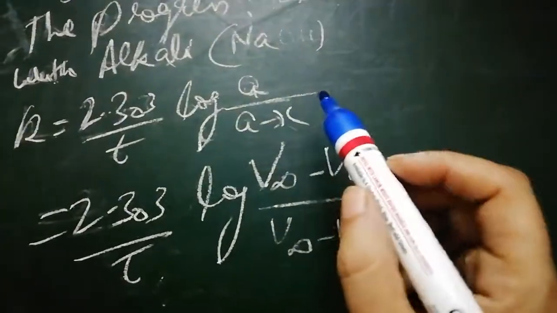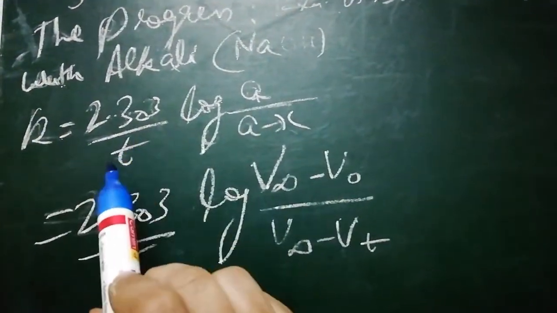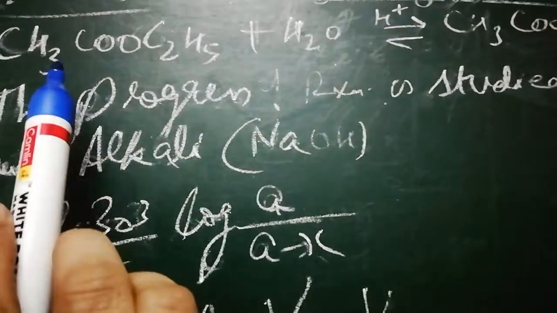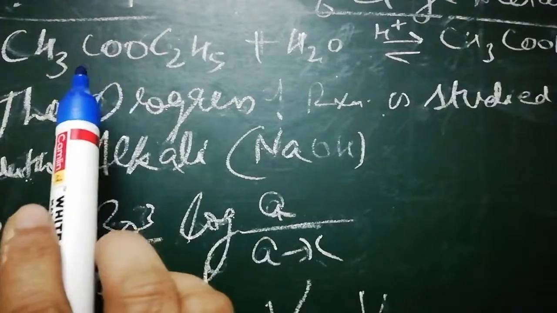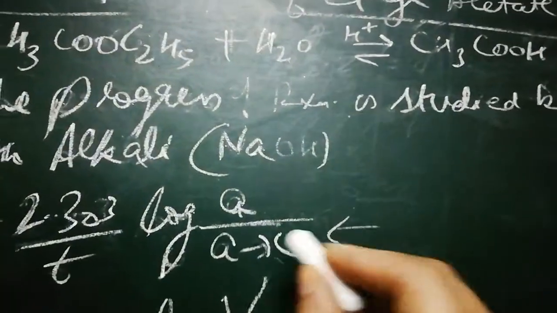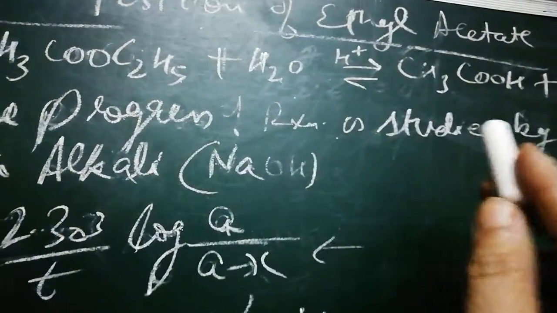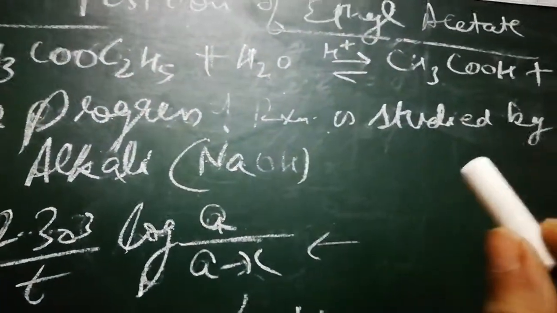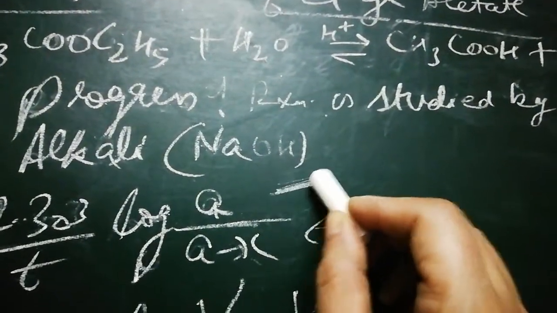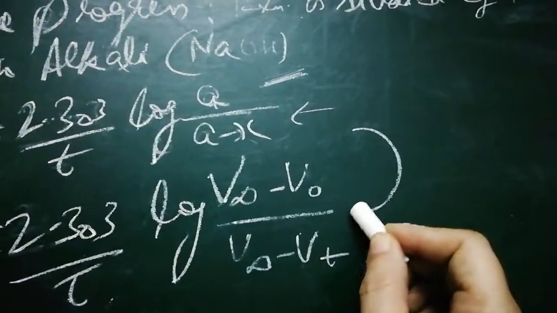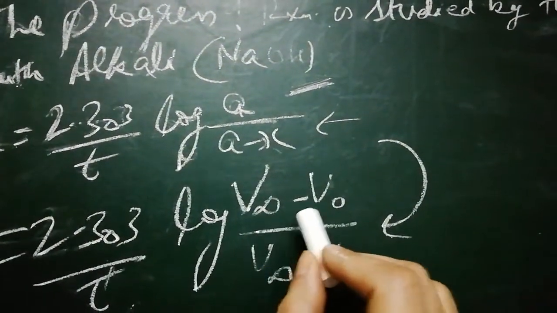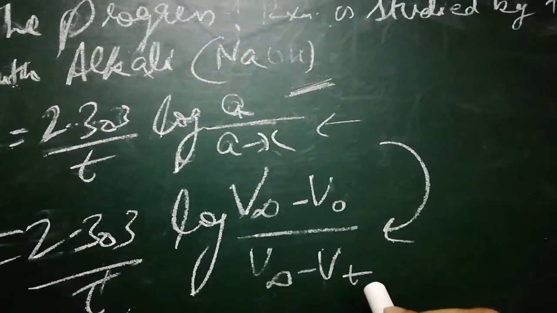So after studying this equation, K is equal to 2.303 upon T log A over A minus X. If the concentration of reactants are given, then you can easily use this equation, A over A minus X. But if the concentration of reactant and product is not given and concentration of alkali is given, then this equation will be modified into this equation, that is 2.303 upon T log V infinity minus V naught over V infinity minus Vt.